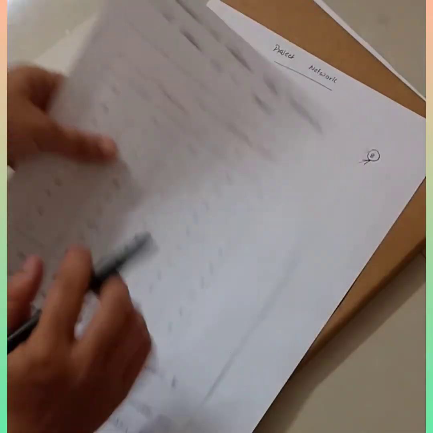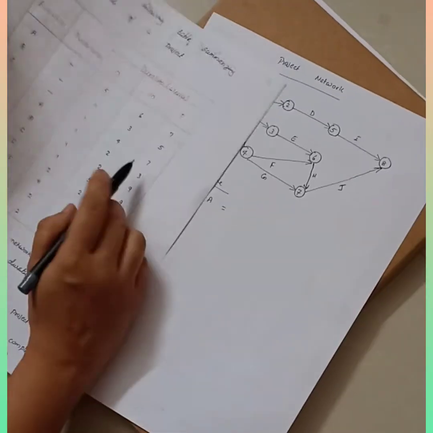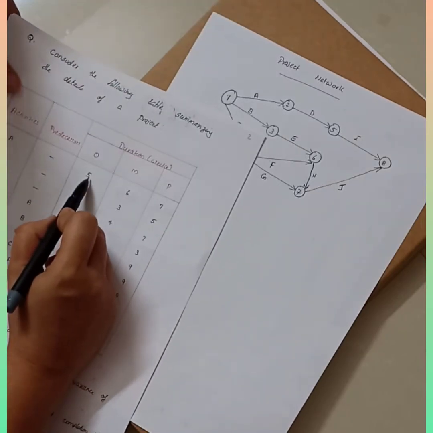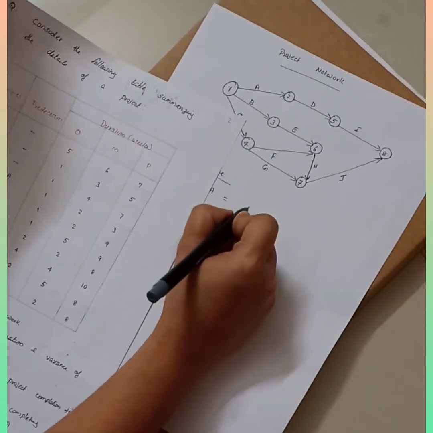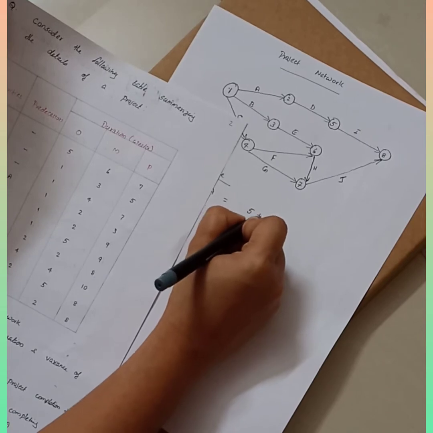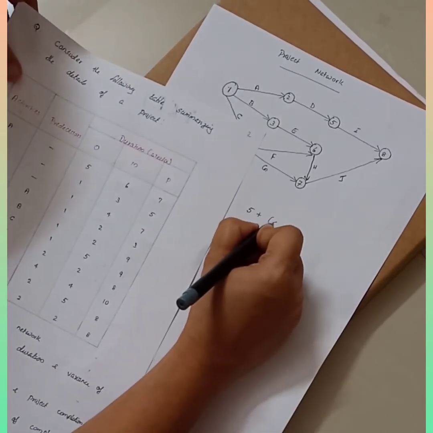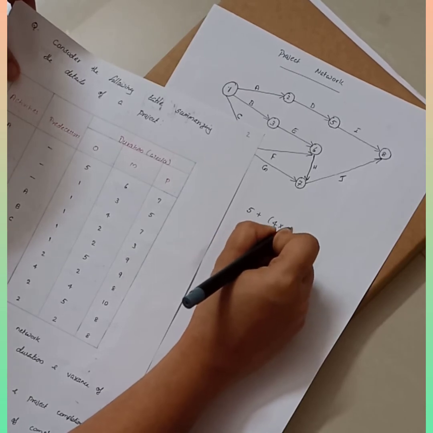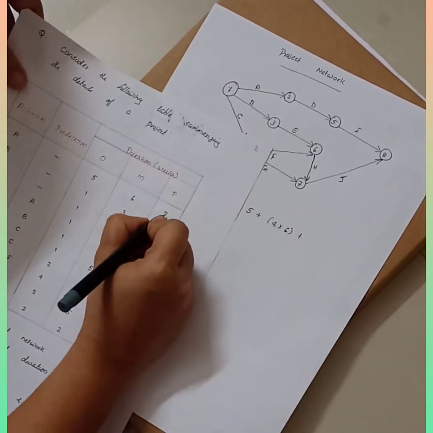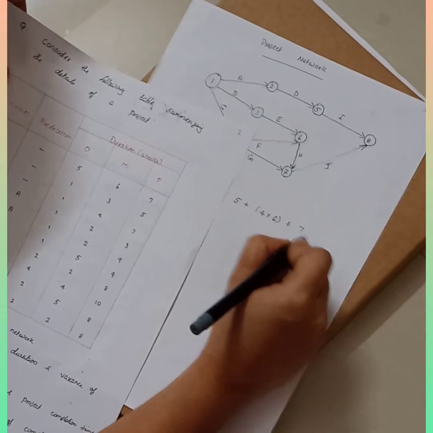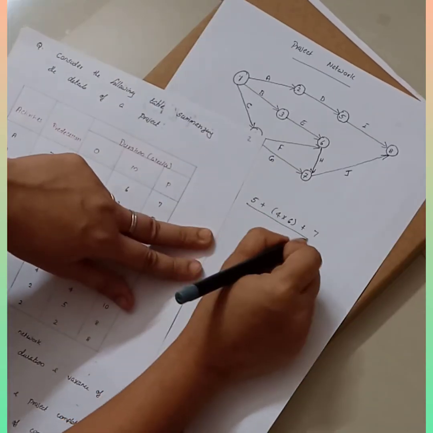Now look at the question. For activity A, the optimistic time is 5, the most likely time is 6, and the pessimistic time is 7.